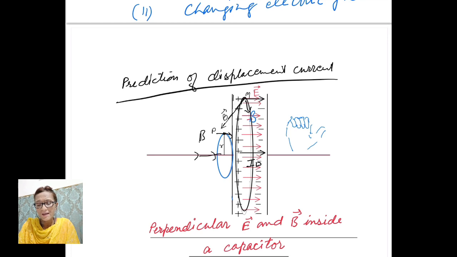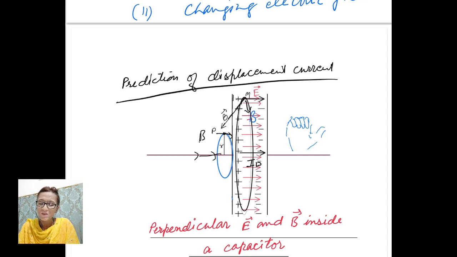So the net magnetic field can be obtained using a very sensitive device. Now if there was no displacement current inside, then there would be only the magnetic field due to Earth. But when you measure the magnetic field inside also, you will find that the field comes equal. The field outside is equal to the field inside. So this justifies the presence of displacement current.